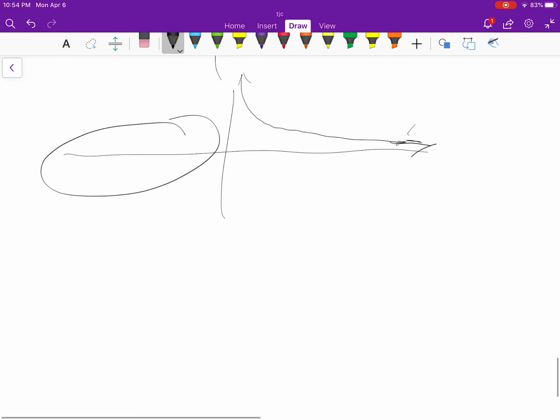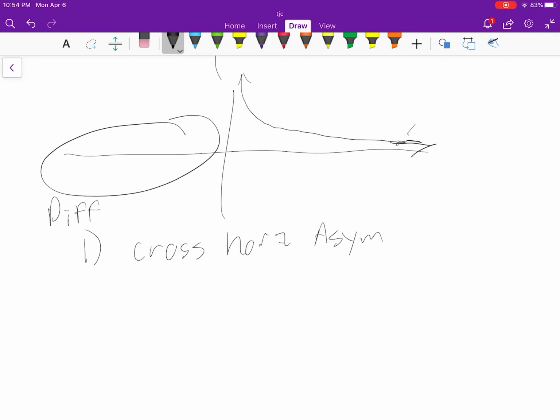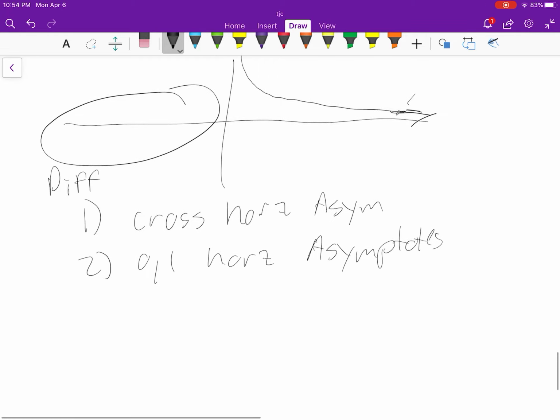So the main difference is you can cross a horizontal asymptote, but you can't with the vertical. The other difference is you either have 0 or 1 horizontal asymptotes, whereas you can have as many vertical as you want.